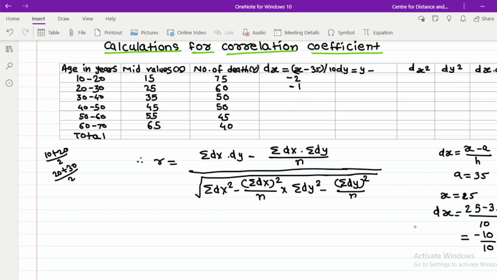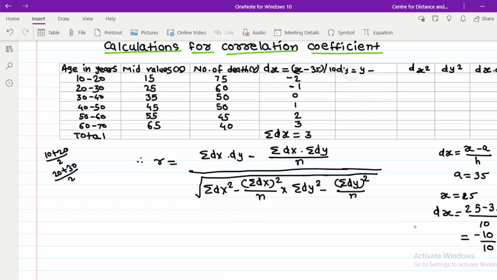Like this we calculate all the dx values. So here we get 1, 2, 3, and here I am writing summation dx, which is equal to minus 2 minus 1 is minus 3, plus 3 get cancelled, and 1 plus 2, which is equal to 3. That is, the summation of dx is equal to 3.